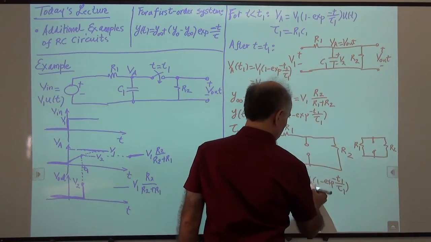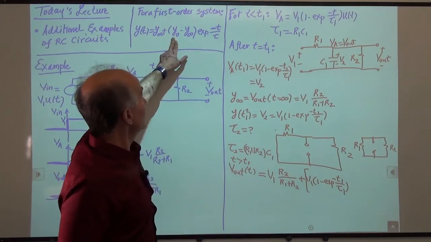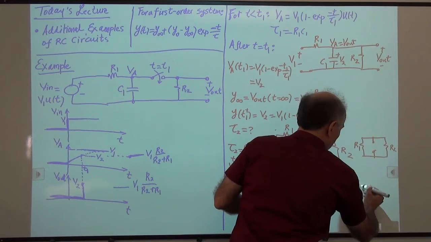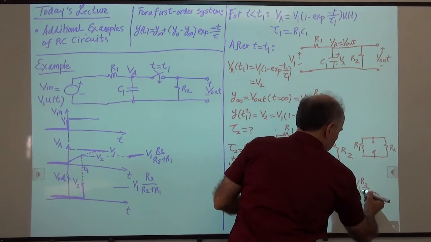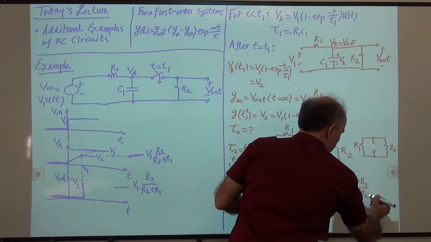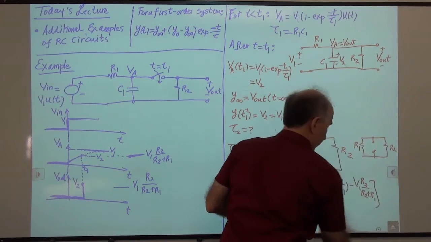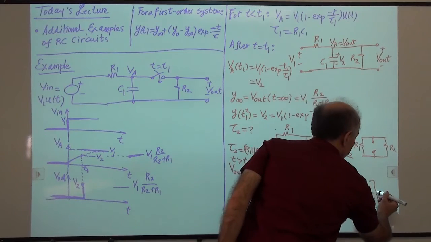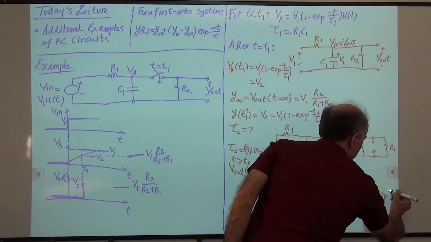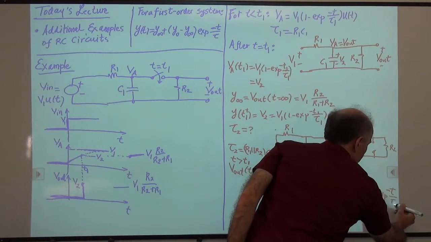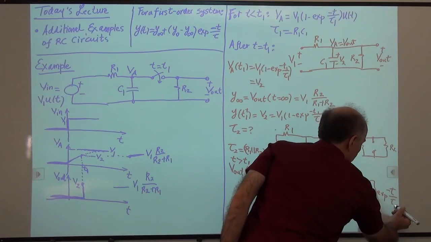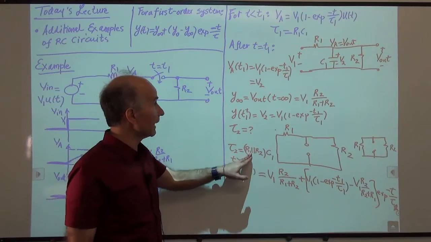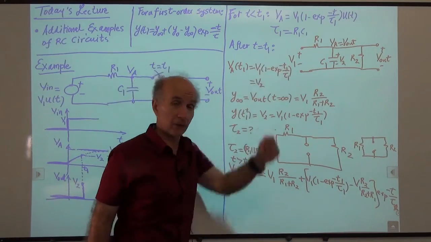Okay, so that is this value minus the value at infinity, V1 R2 over R2 plus R1, and then the whole thing times this exponential, exp of minus t over tau 2. The time constant has changed, so it's tau 2, not tau 1.